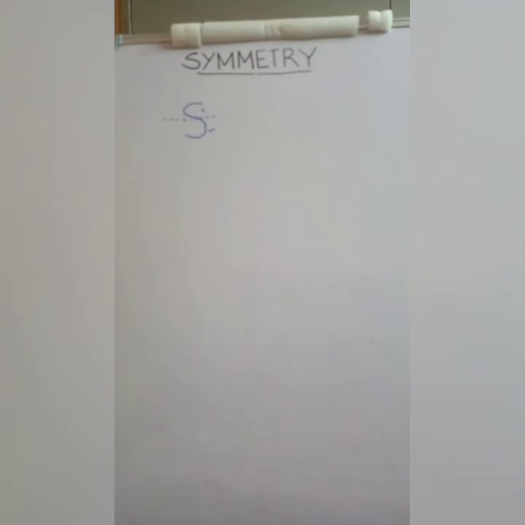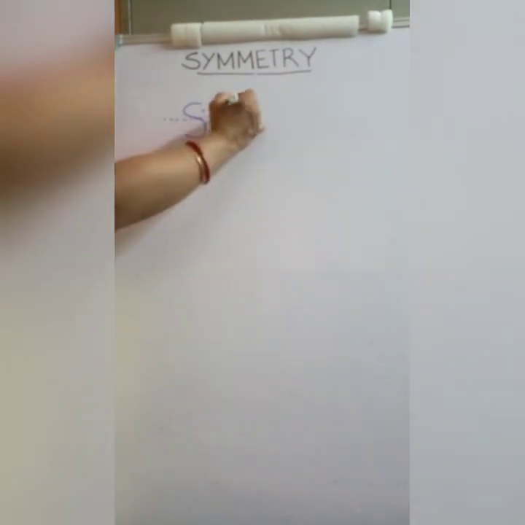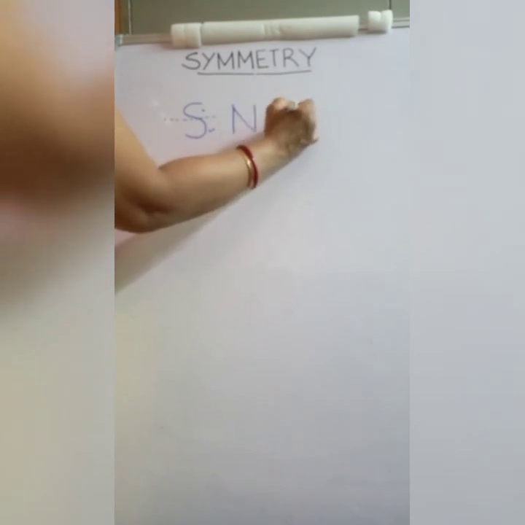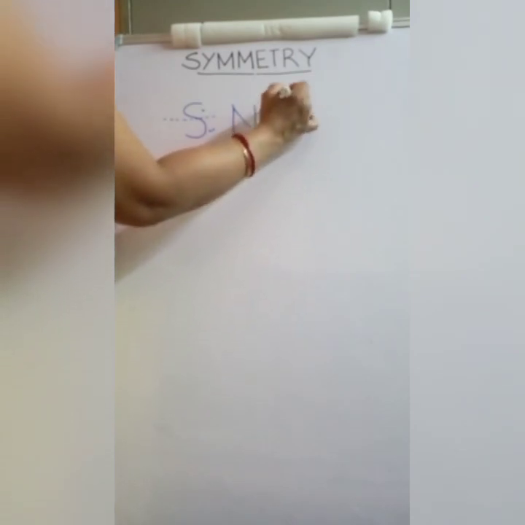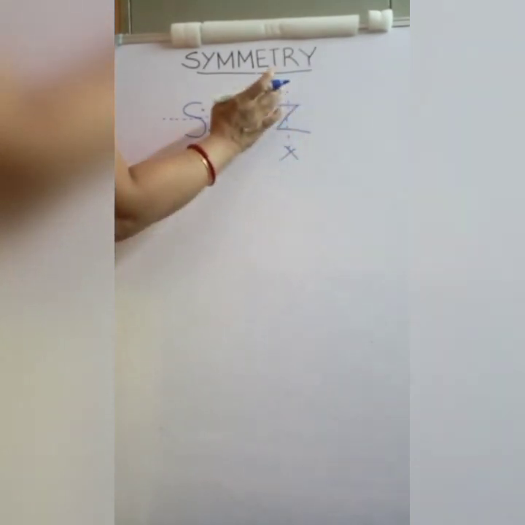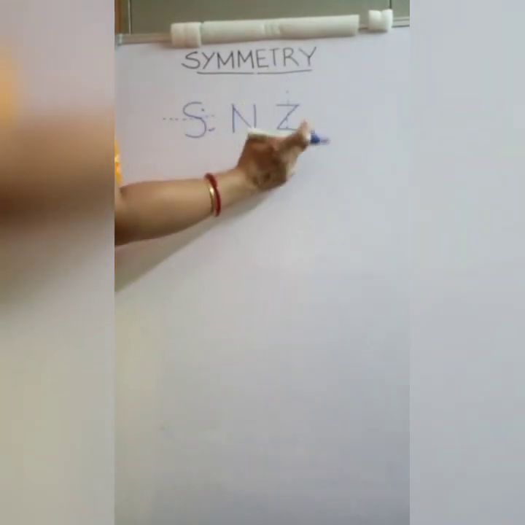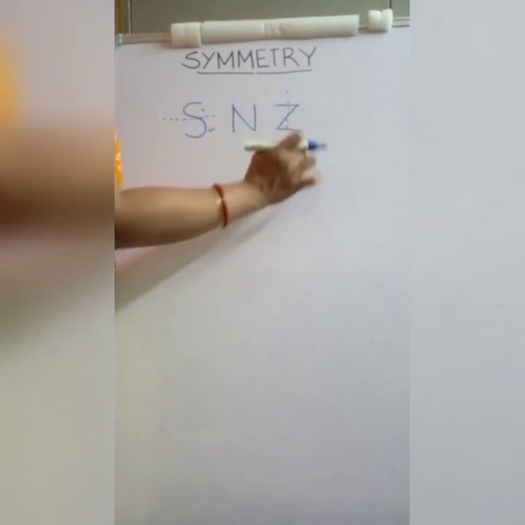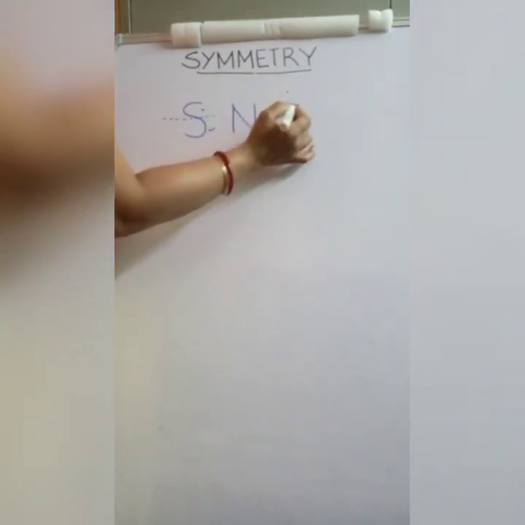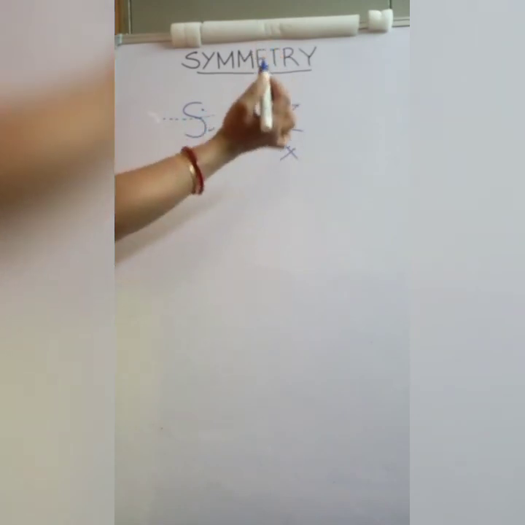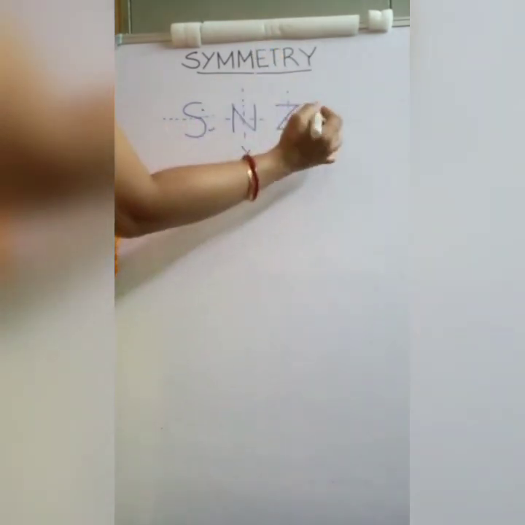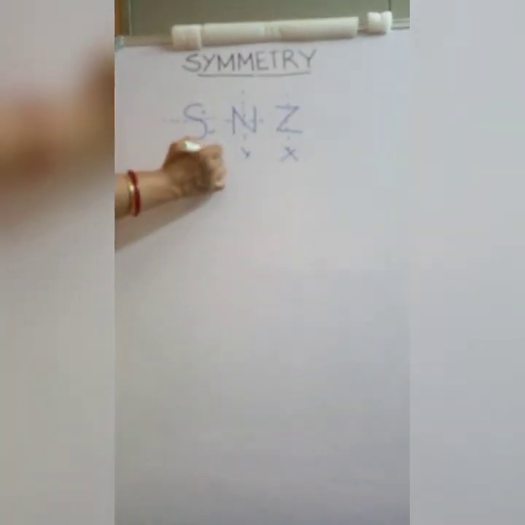So it doesn't have any line of symmetry. Similarly, N also doesn't have any line of symmetry. Similarly, Z also doesn't have any line of symmetry. We cannot fold it from this line. Then this closed part will fall on this open part, and we cannot fold it like this also, because this closed part will fall on this side. Similarly, no line of symmetry for N.